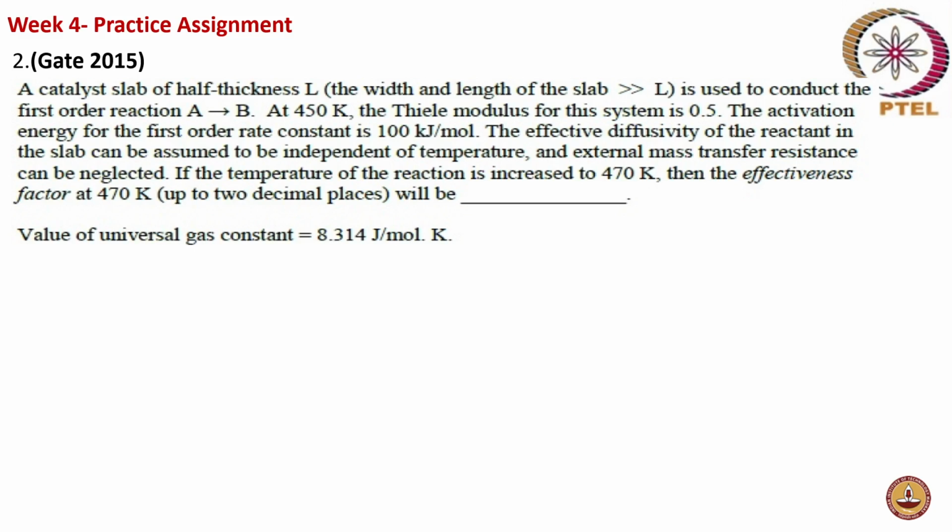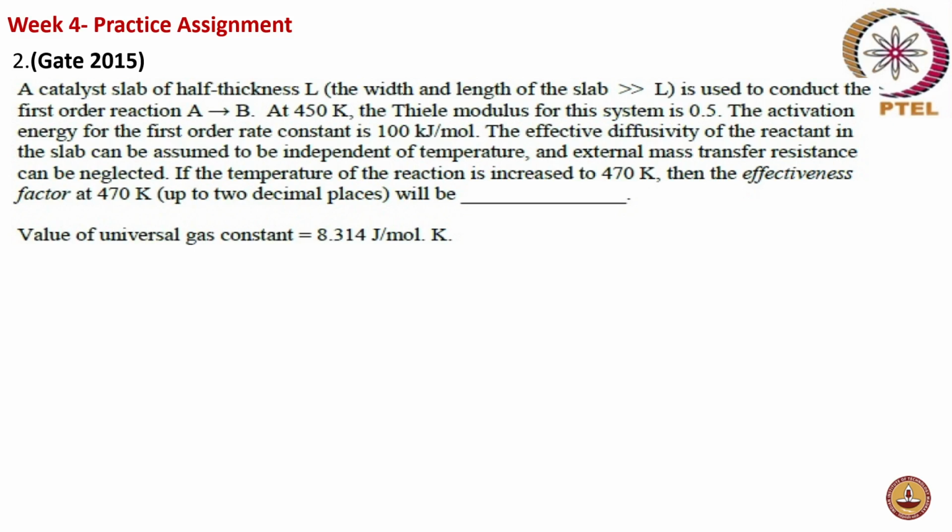A catalyst slab of half thickness L, the width and length of the slab are very much larger compared to the thickness, is used to conduct first order reaction A gives B. At 450 Kelvin, the Thiele modulus for the system is 0.5. The activation energy for the first order rate constant is 100 kJ per mole.